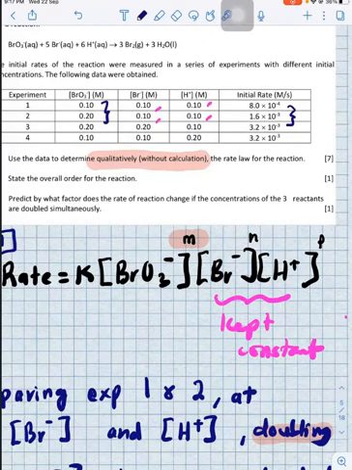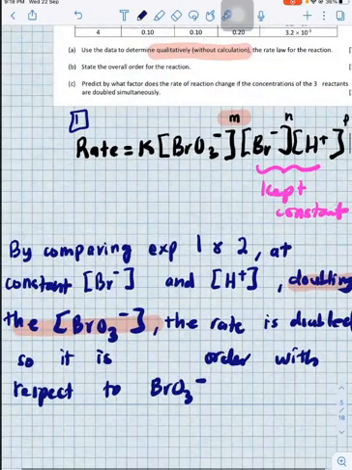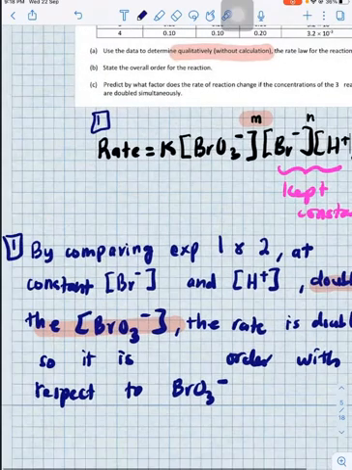So kita nak tahu, kena cubalah setiap satu. 8.0 darab 10 kuasa negatif 4, darab dulu 2. So kalau darab 2 dapat 1.6 darab 10 kuasa negatif 3, meaning that it is double. Double. Yes. Okay. So maknanya dalam kes ni doubling the concentration of BrO3-, the rate is also double kan?